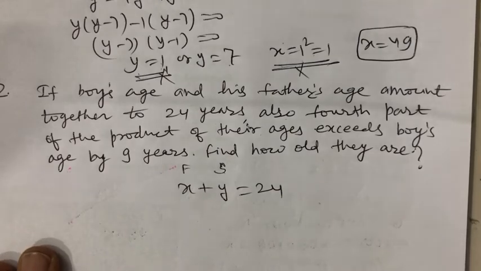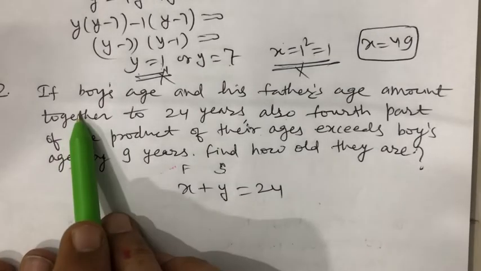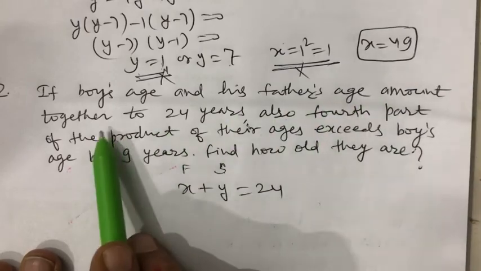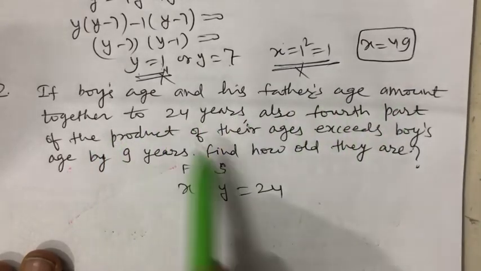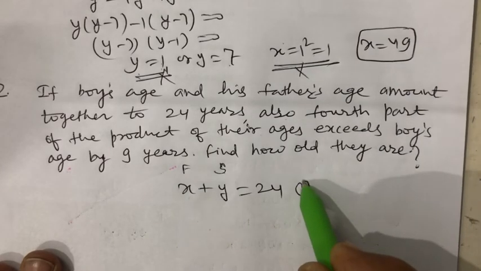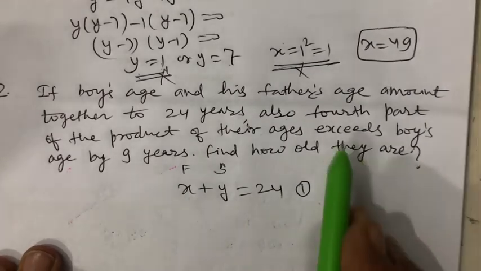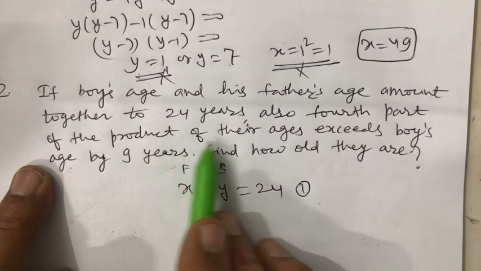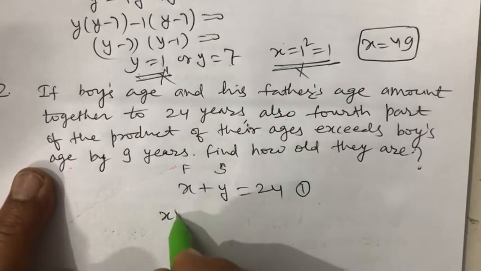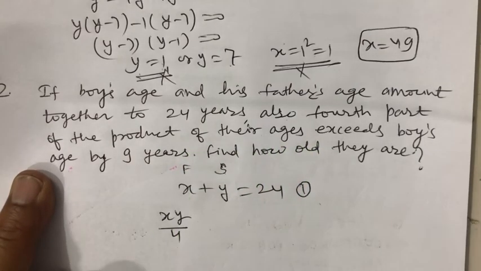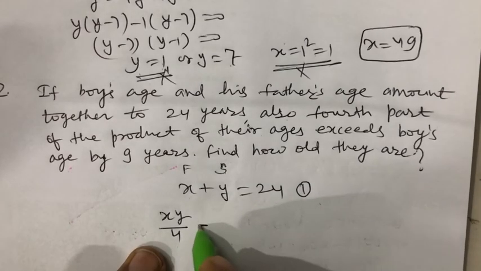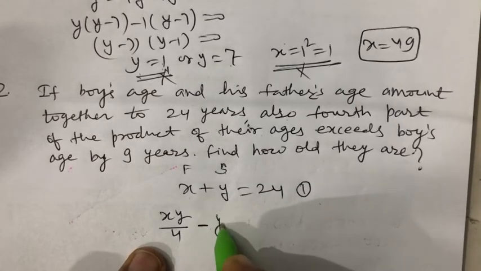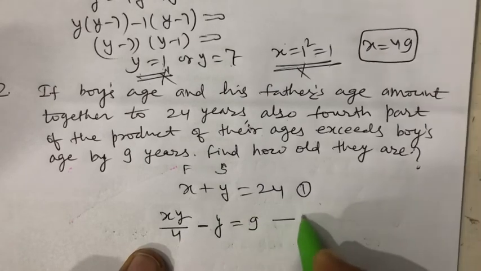Read the question carefully. If boy's age and his father's age amount together to 24, put equation number 1. Also, the fourth part of the product of their ages exceeds boy's age by 9 years.